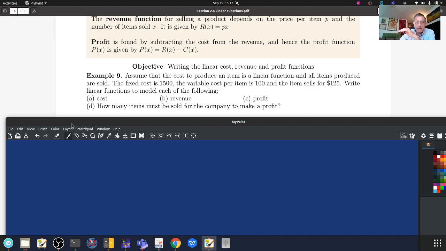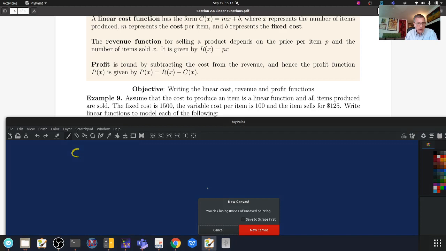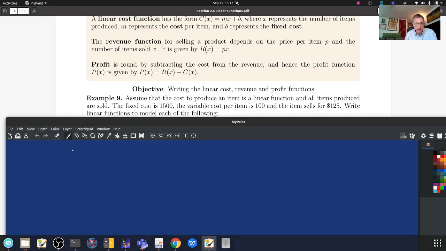What's going on? It's suddenly really slow. I'm just going to get a whole new canvas. So I've got C of x is equal to mx plus b. And it tells you that m represents the cost per item and b represents the fixed cost.